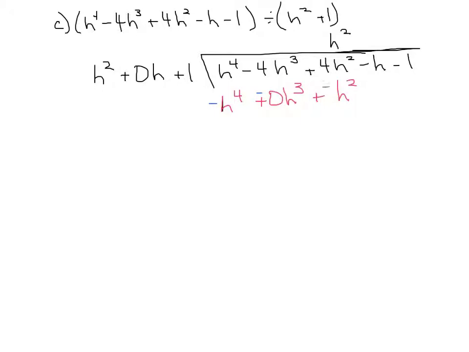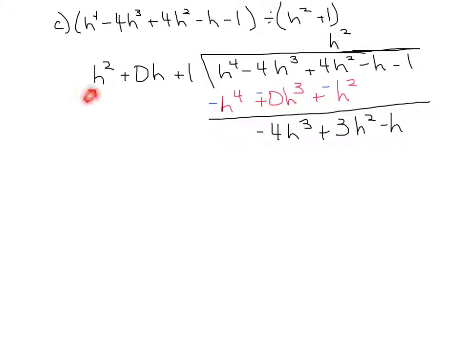Changing to subtraction and adding, we get negative 4h cubed plus 3h squared, and then we bring down an h.